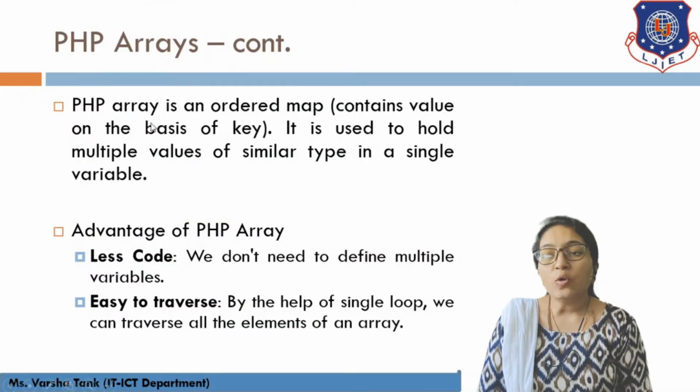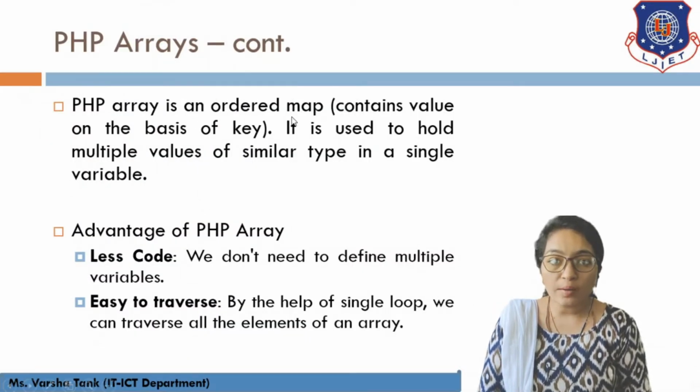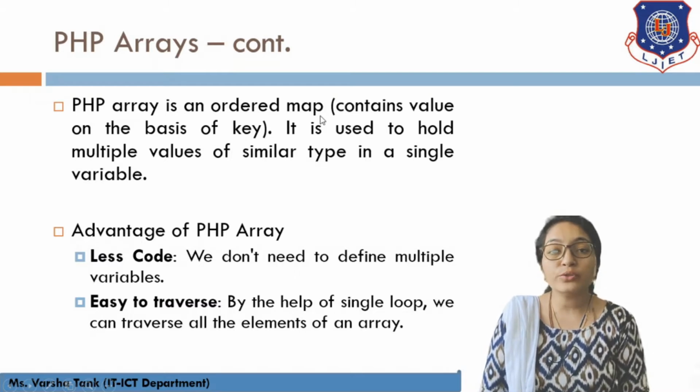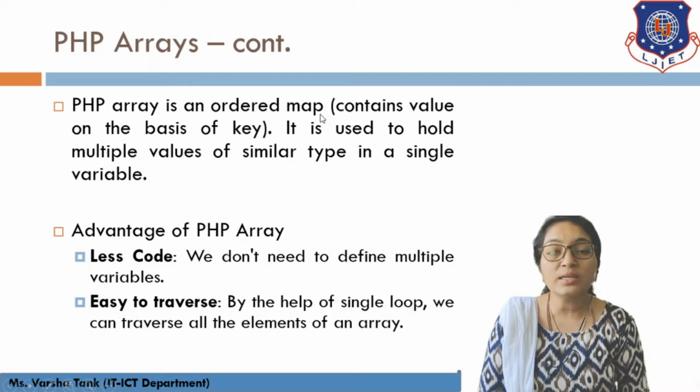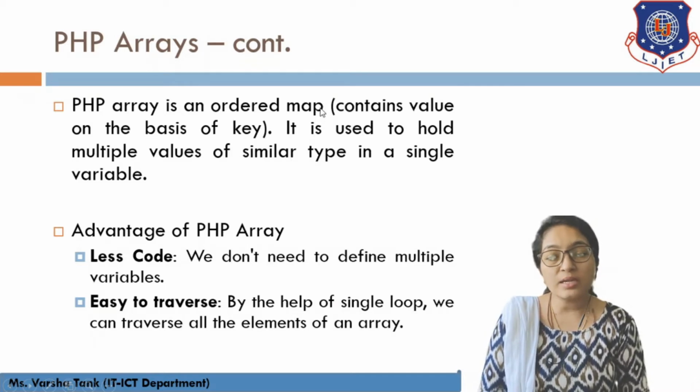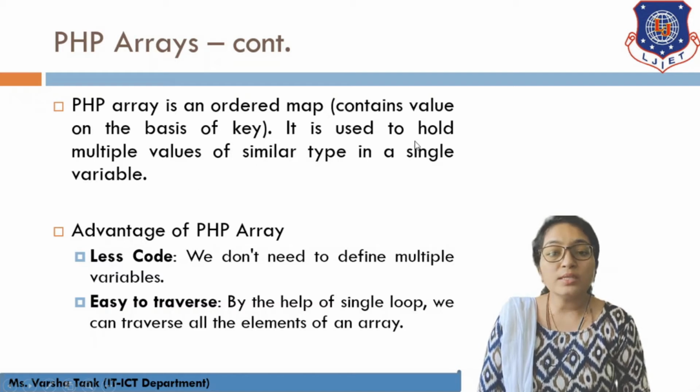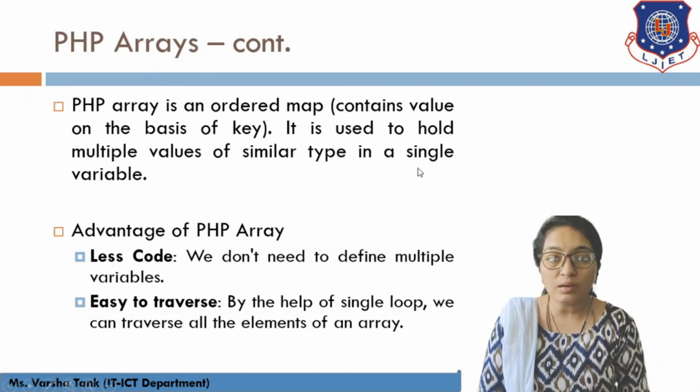Now, a PHP array is an ordered map, which contains values on the basis of a key. Ordered map means that whenever you define the array, it will consider the index starting from 0. It is used to hold multiple values of a similar type in a single variable.